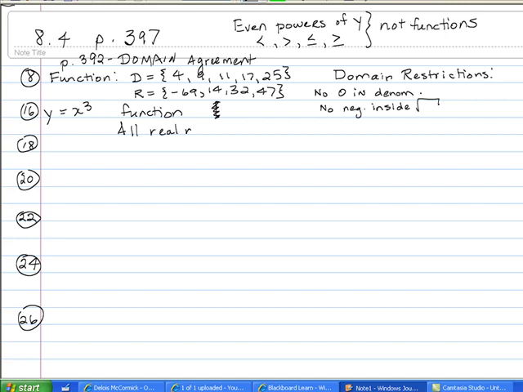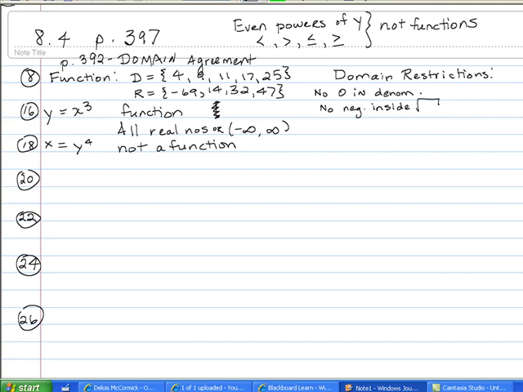And let's see, they may be doing this in interval notation. I don't care which one you give me, either one's correct. x equals y to the fourth is an even power of y, so it's not a function. For our domain, will we have any restrictions?